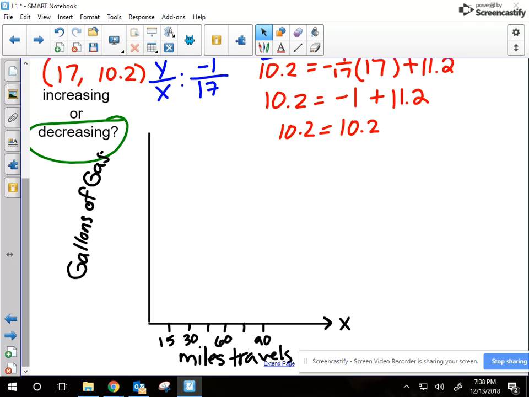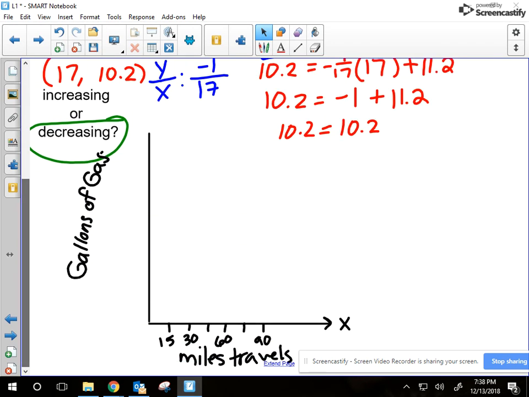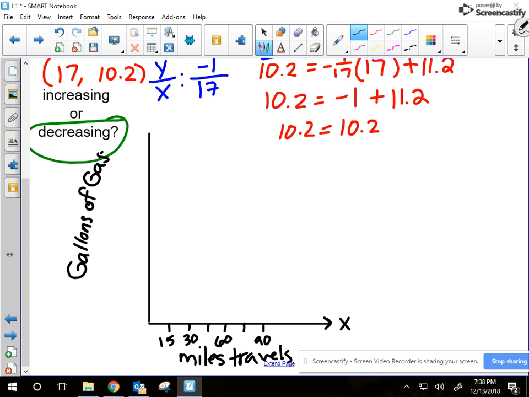Now when we look at our dependent variable, that gallons of gas, y, it's a little bit lower. And we notice that it's decreasing. So we could count by ones there because counting all the way up to 11 isn't super high. So let's do that. We have to get all the way up to 11.